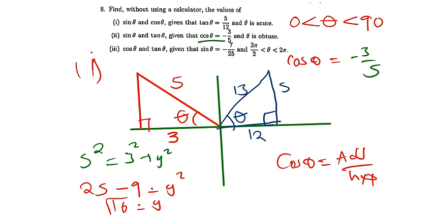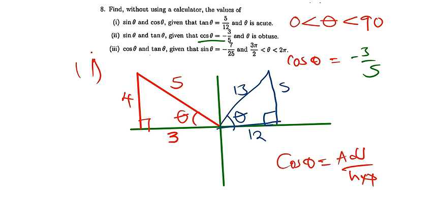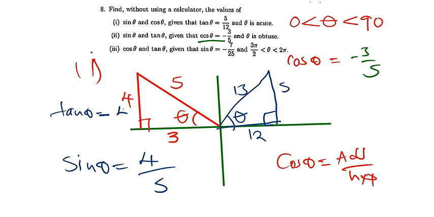The positive value, we'll take the positive value alone. So we can easily find the missing ones now. Sine of theta is going to be opposite over the hypotenuse, so opposite is 4 over 5, and then tan is opposite over adjacent. We're good.